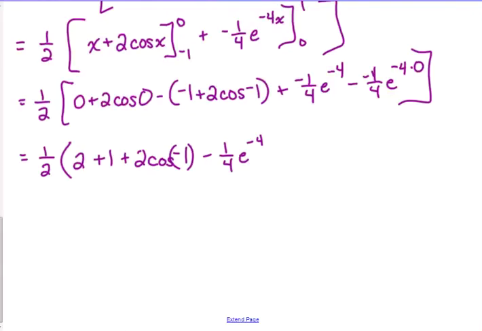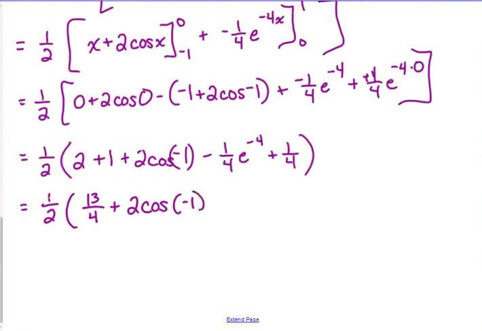And then e to the 0 is 1, so we're adding a 1/4 there, because we're subtracting a negative. We've got 2 plus 1, which is 3, and 3 plus 1/4 would be 13/4. And that's really as far as you can take it.